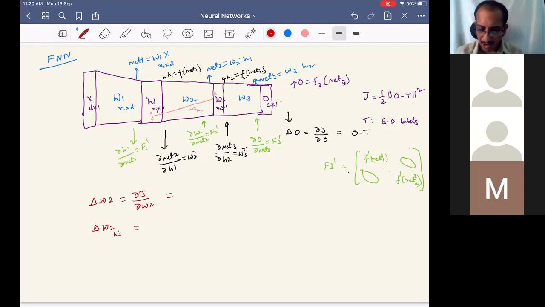dou Z by dou W2, if I want to write the gradient here. I apply the chain rule.